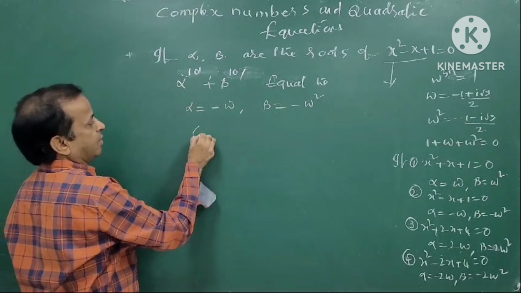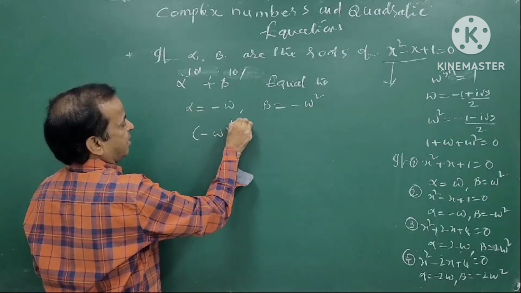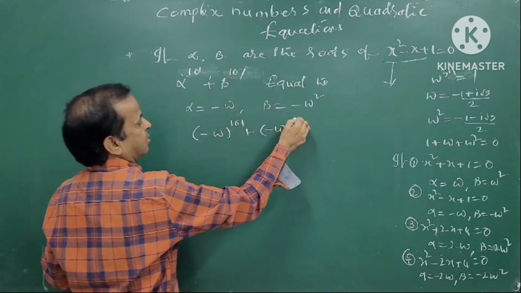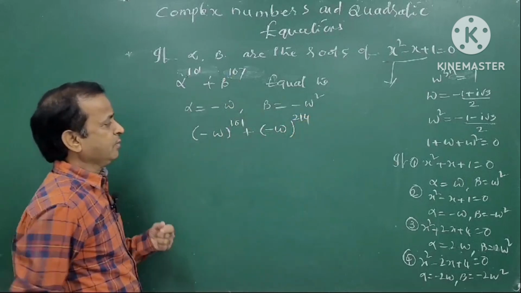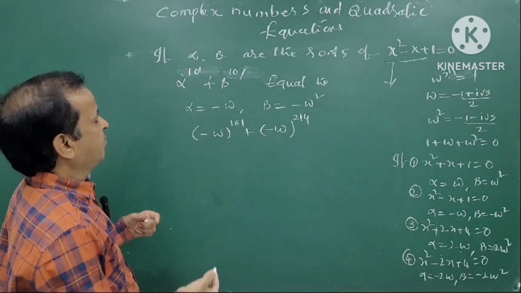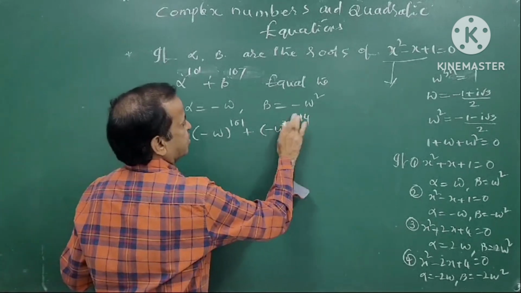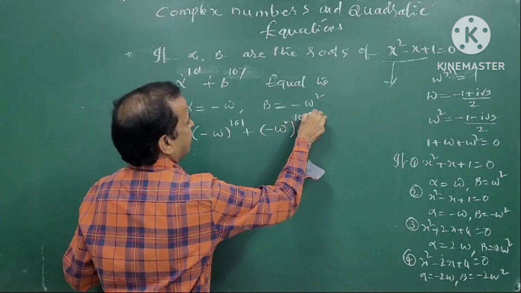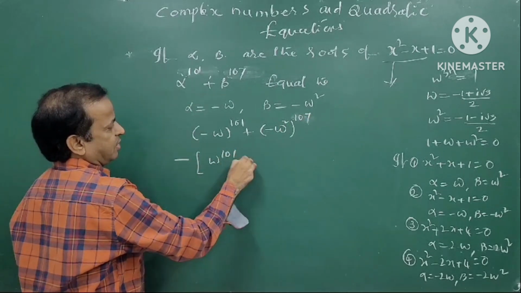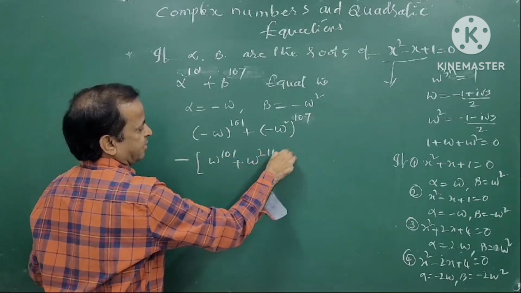Now substitute here: minus omega whole power 101, minus omega square power 214. See here, omega square whole power 107, minus; you take common omega power 101, omega power 240.